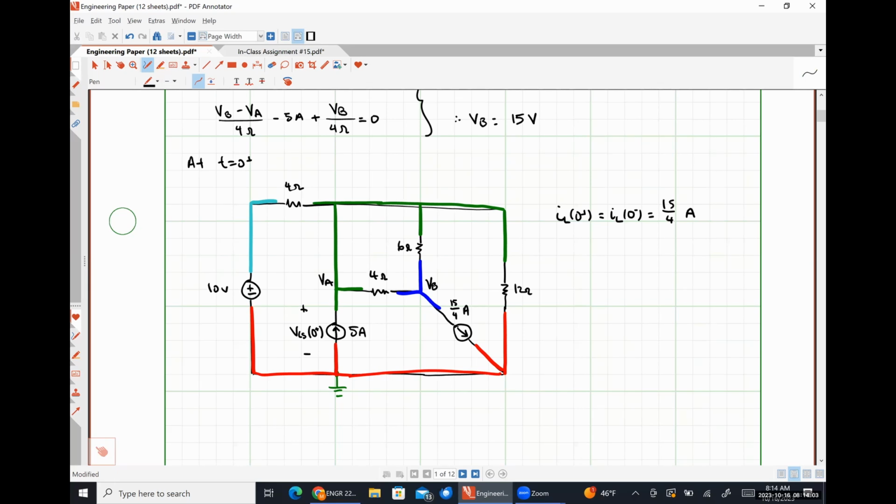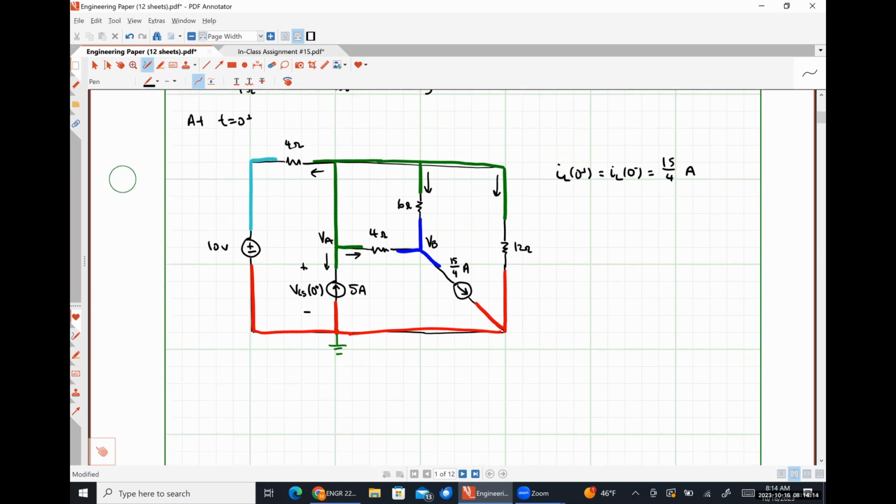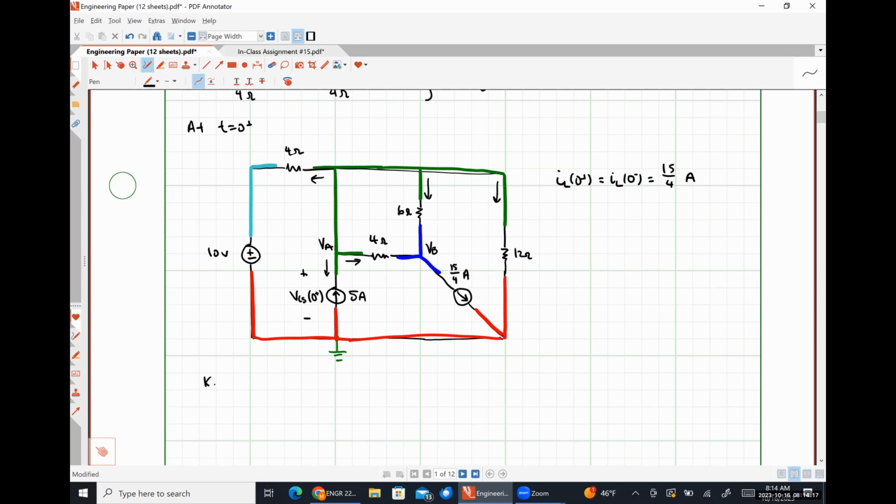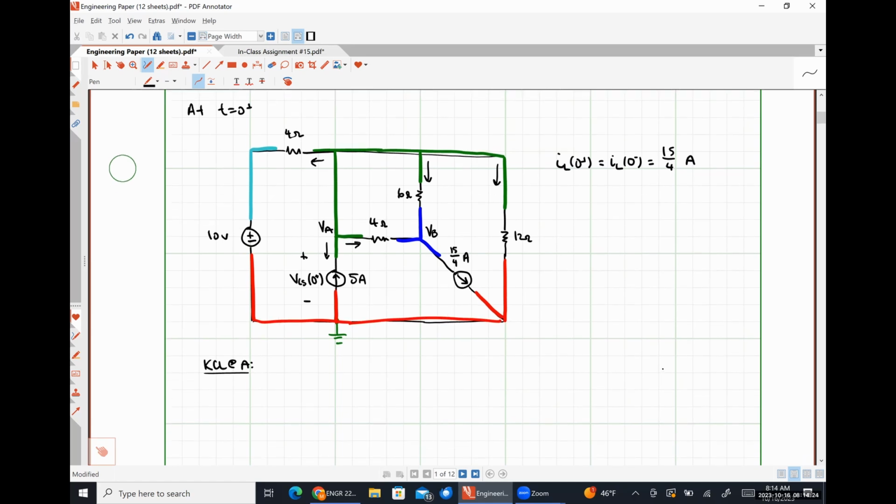So this is VB. When we're doing KCL at node A, we're going to be adding this current, this current, this current, this current, and this current together. So KCL at A is going to look like VA minus 10 volts over 4 ohms. That's the current flowing to the left.